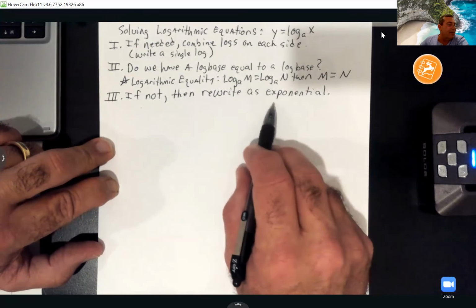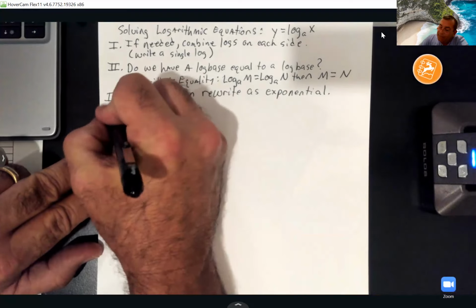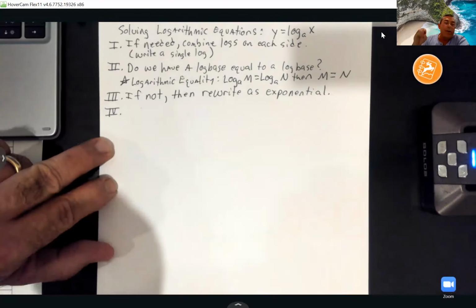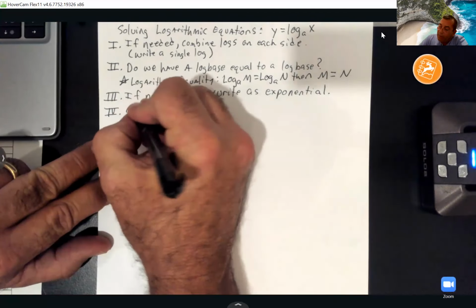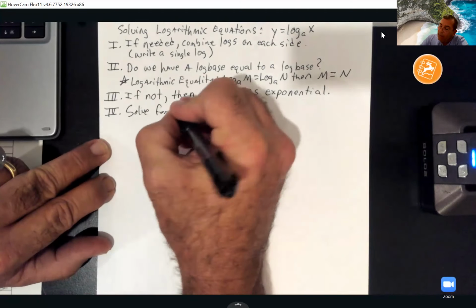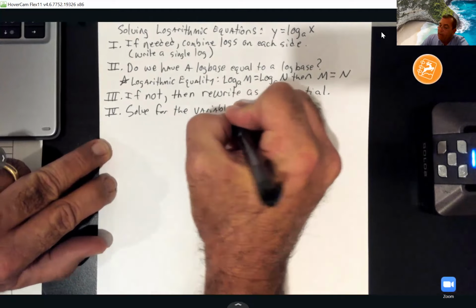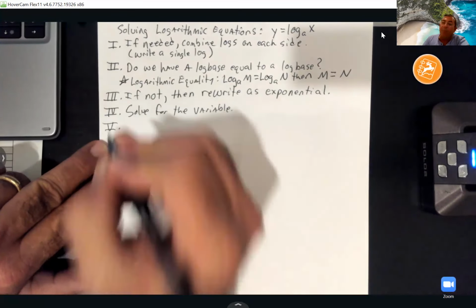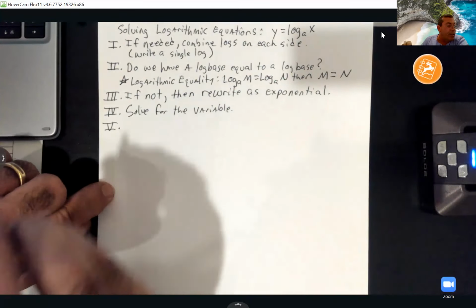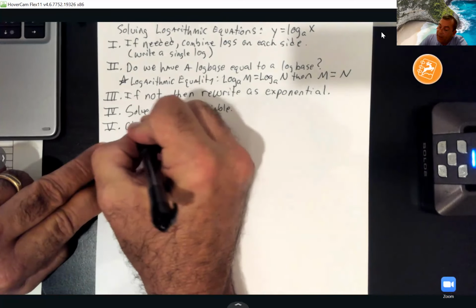That's doing this stuff. At that point, solve for the variable. And then what's really important on log equations, check the answer if needed.